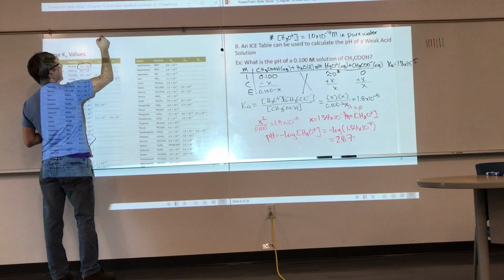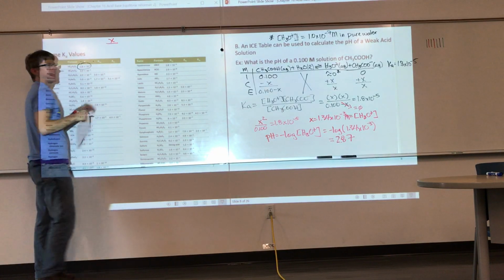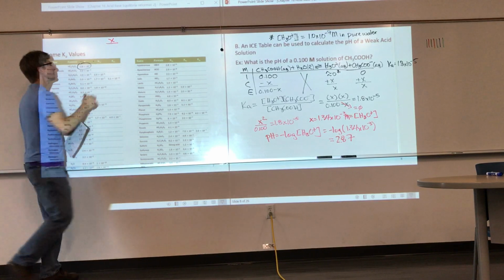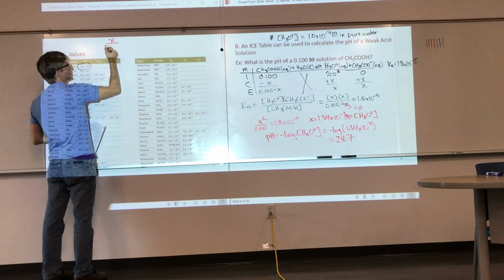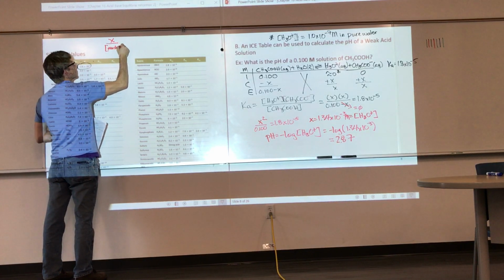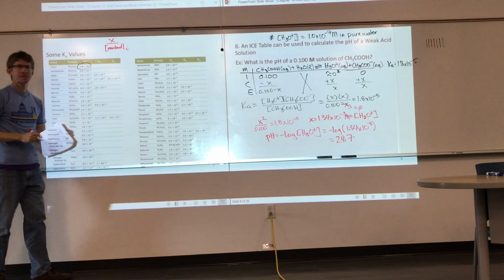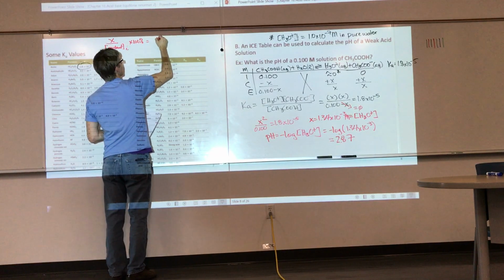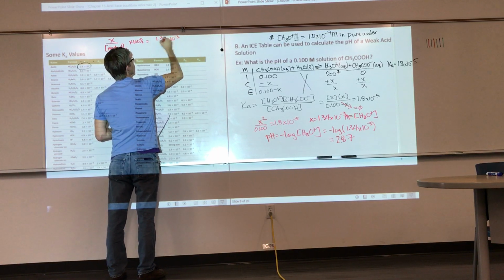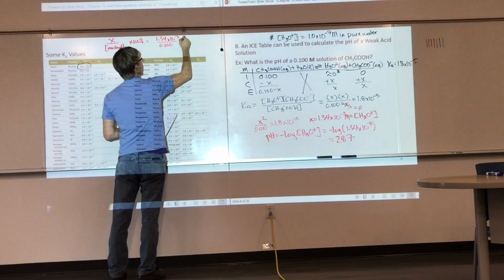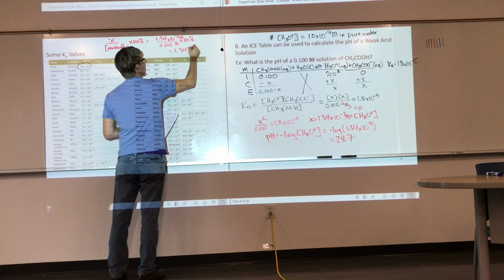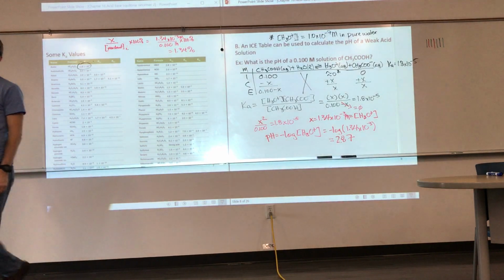So it's going to be X, which is also known as our amount or extent of reaction, how much reaction occurred, over the initial concentration of our reactant, and so you get 1.34% for this.